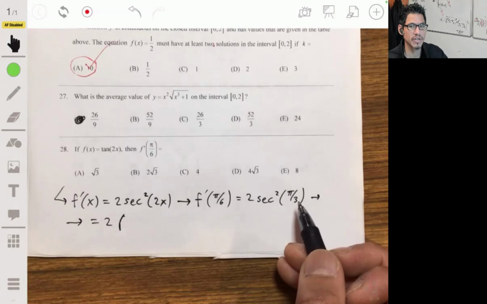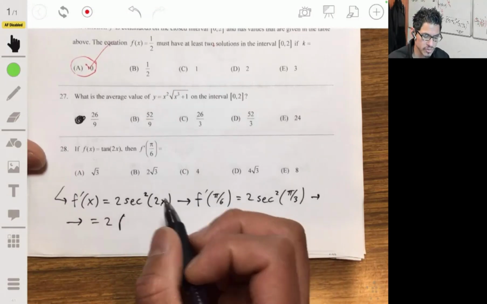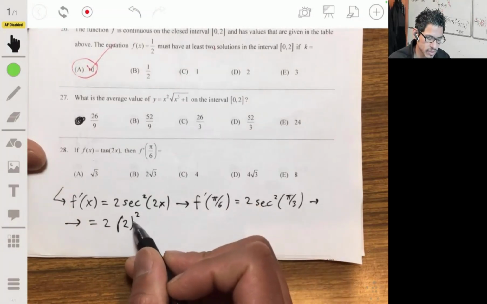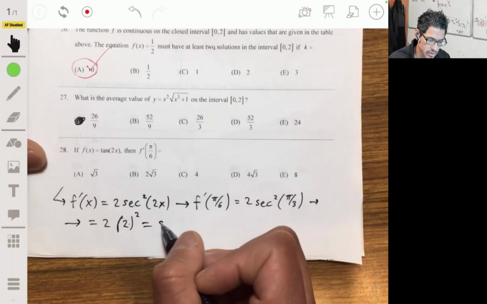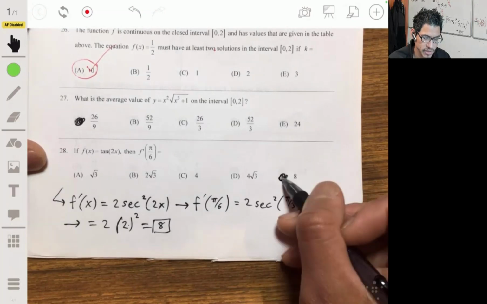Remember, the cosine of pi over 3 is 1/2. So the secant of pi over 3 is 2 over 1, or just 2. So 2 times 2 times 2. So 4 times 2 is 8. And so the answer is E.